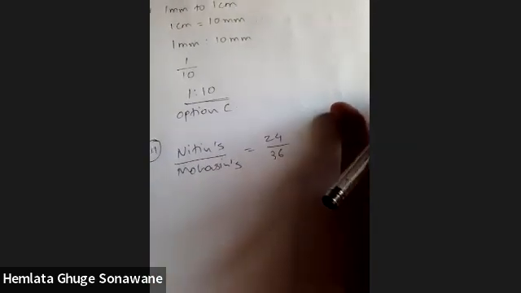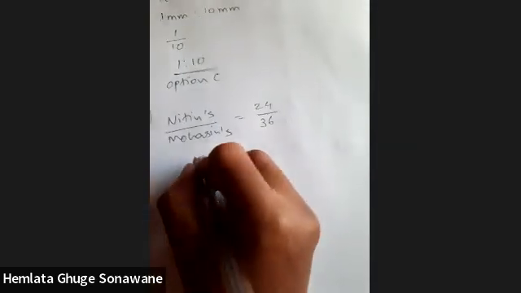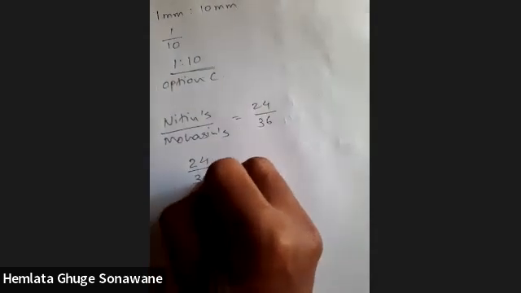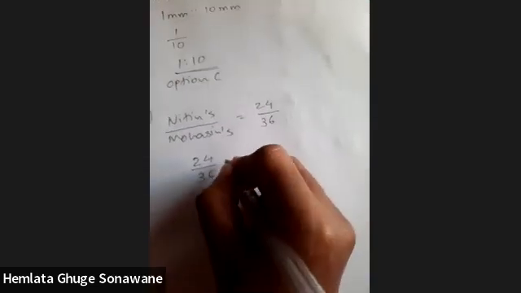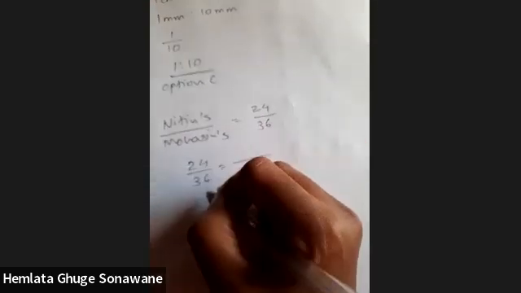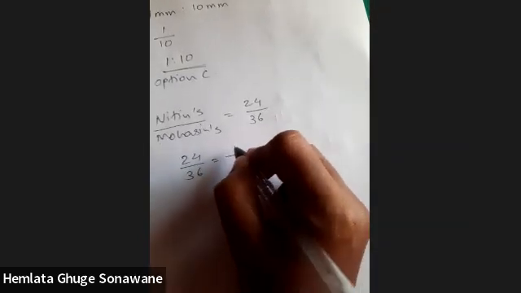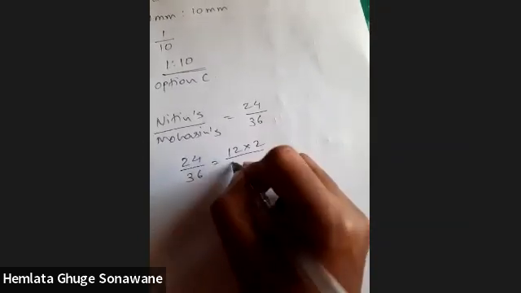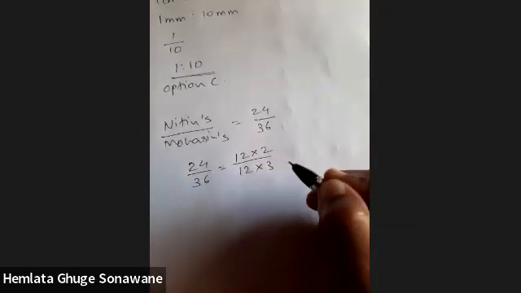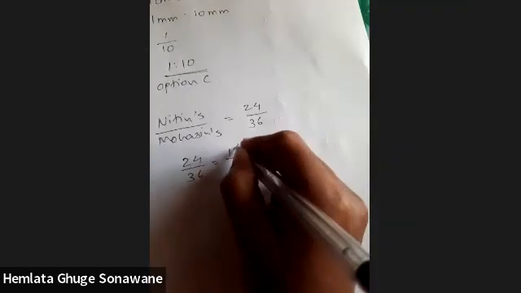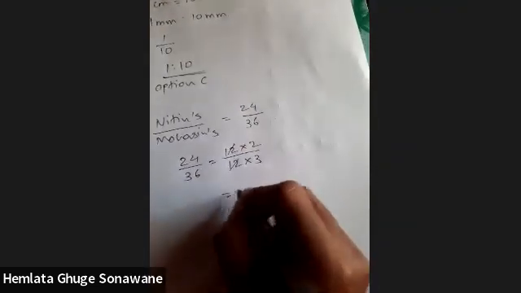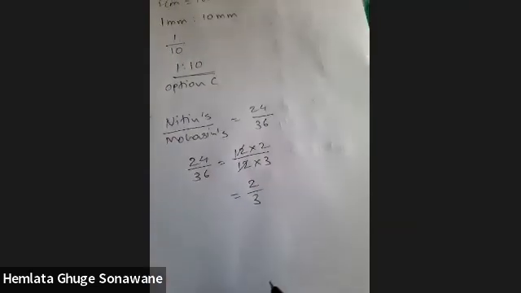Means we have to simplify this number, that is 24 upon 36. Now we can simplify this by 12. 12 twos are 24 and 12 threes are 36. We can cancel this 12, 2 upon 3.